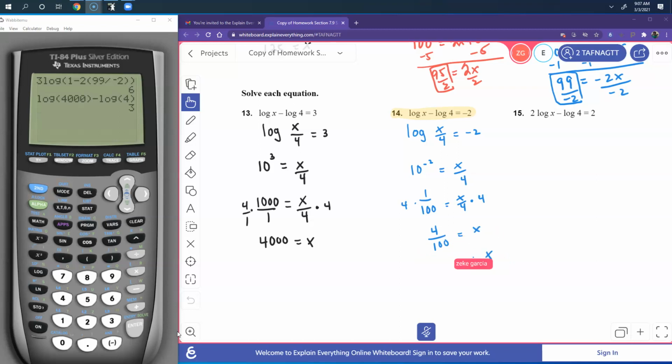We can simplify. Since there's 4 quarters in a dollar, so it's 1/25. So we're going to go ahead and check. So we have the log of 1/25 minus the log of 4. They give us negative 2.